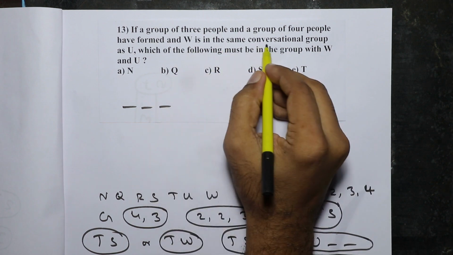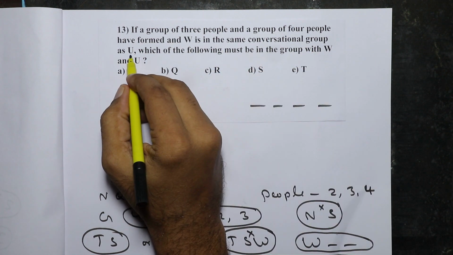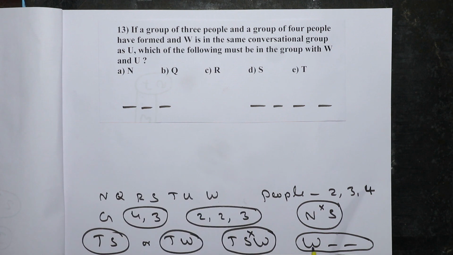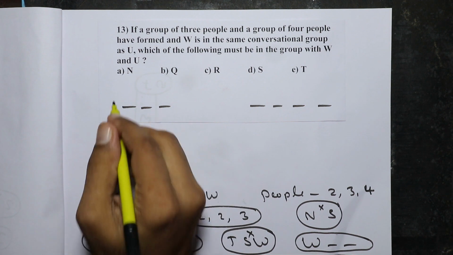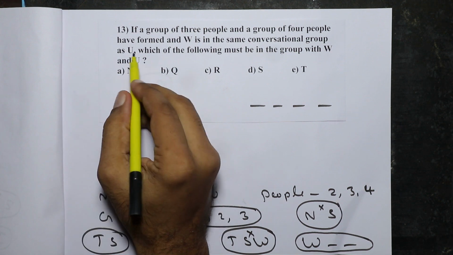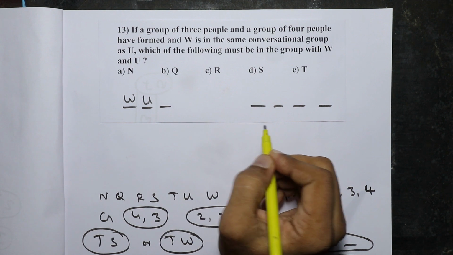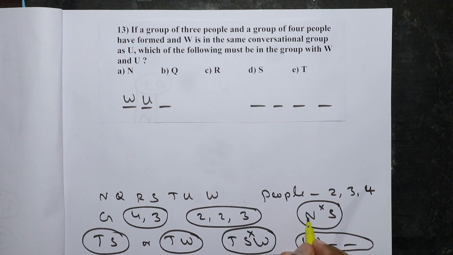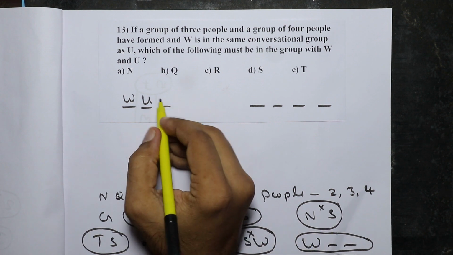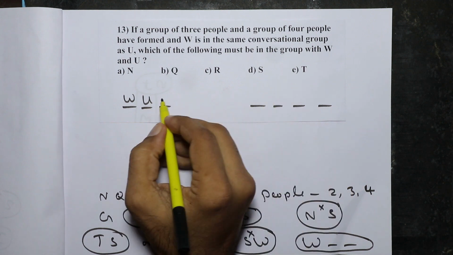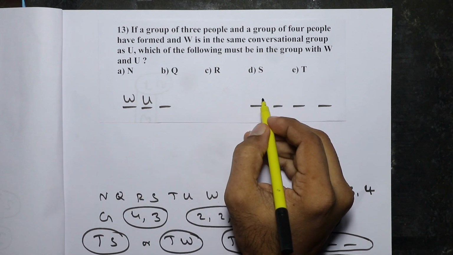Now W is in the same conversational group as U. We know that W should be in a group which has exactly 3 members. So W should be here and U should be here. Now we know that N and S cannot be in the same group. N and S should be in different groups. So if S is here, N should be here. Similarly, if N is here, S should be here.